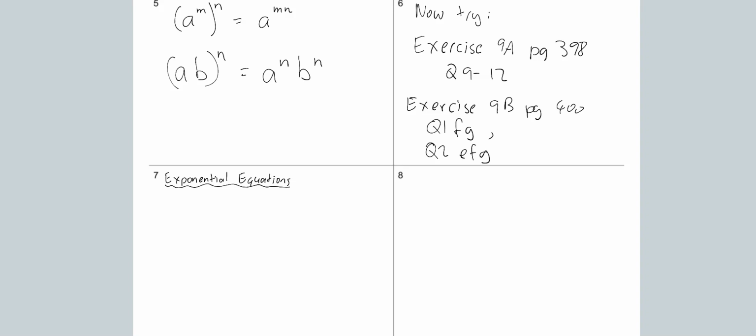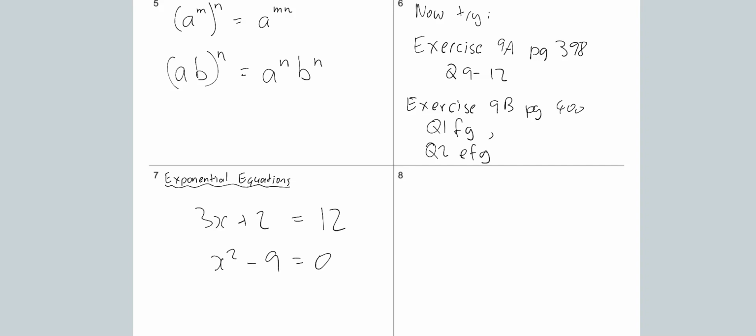We're going to have a look at exponential equations now. Generally speaking, in our mathematical journey so far, the unknown that we're looking for has tended to be not in the power. So you've either got something like this, and then you solve for x, or it might be like this, and solve for x.